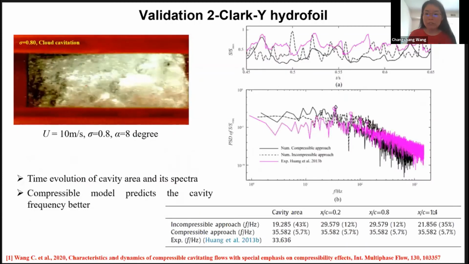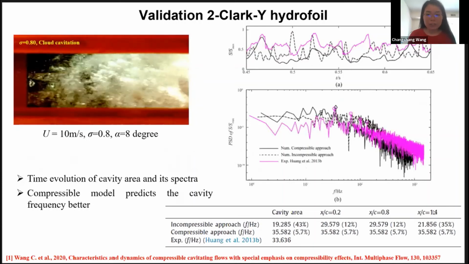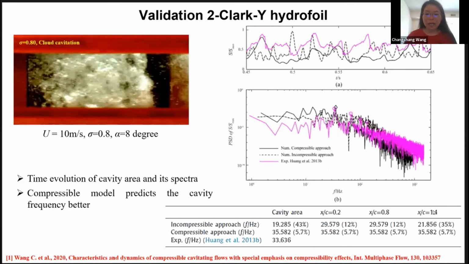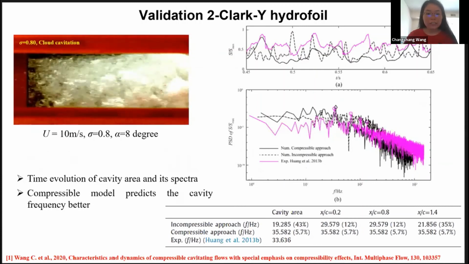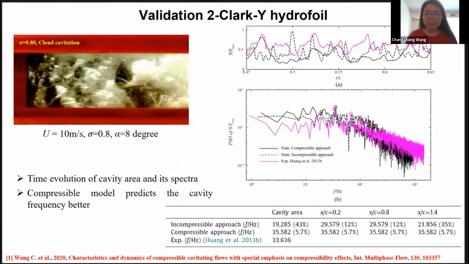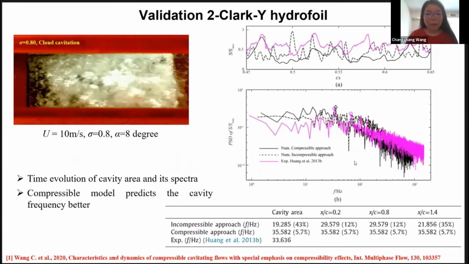However, when comparing the cavity evolution frequency in the unsteady process, we get the cavity frequency from both the pressure field and the void surface and the cavity area. We can see, compared with the experimental data, the current compressible method can predict the unsteady behavior better.